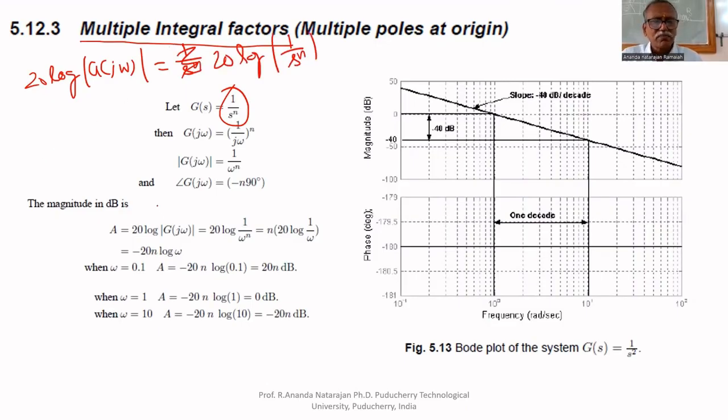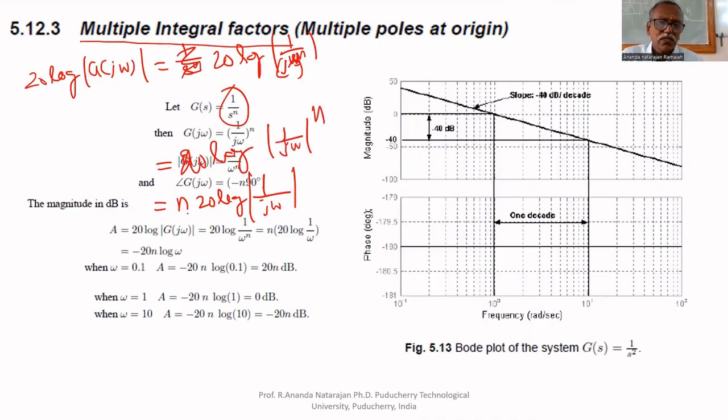So that is equal to n times 20 log modulus of 1 by j omega. The modulus of j omega is omega, so you will get minus n 20 log omega.